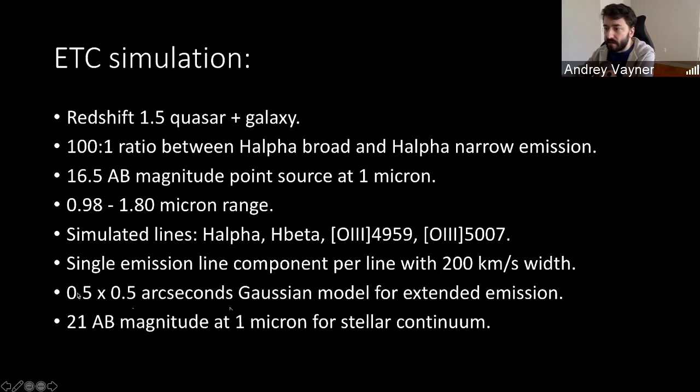We add a stellar continuum template to the extended emission, plus emission lines that are extended at the same level. For the host galaxy stellar continuum, the magnitude is 21 at 1 micron. So you can see there's quite a bit of a difference between the point source magnitude and the extended magnitude from the host galaxy.